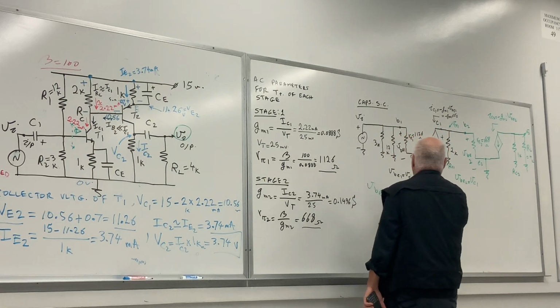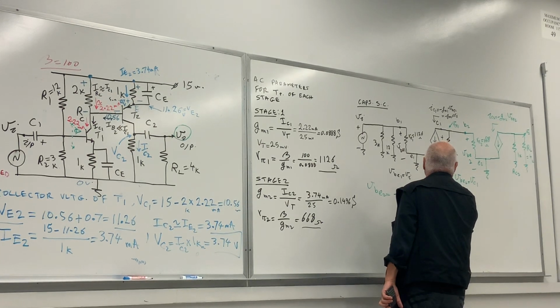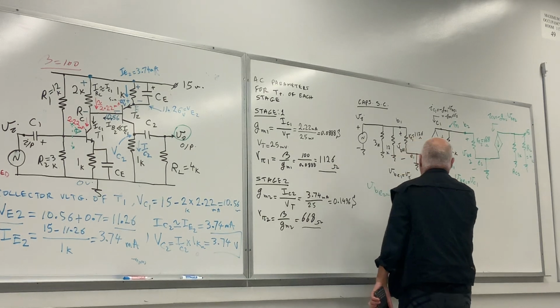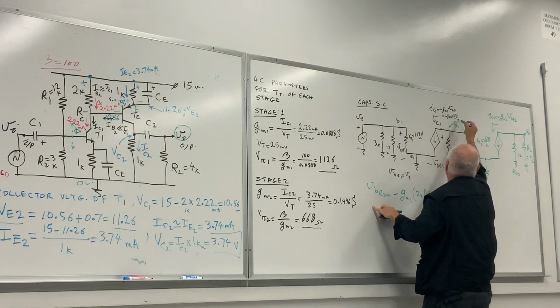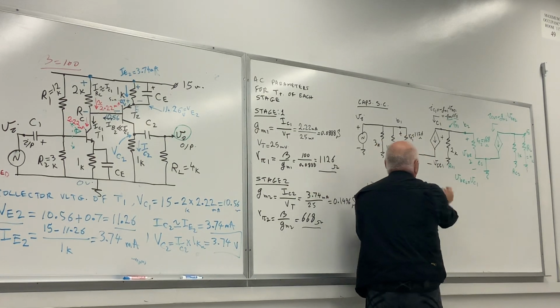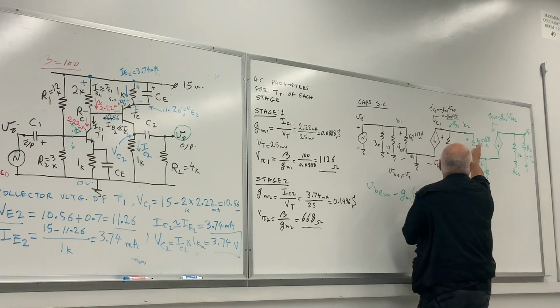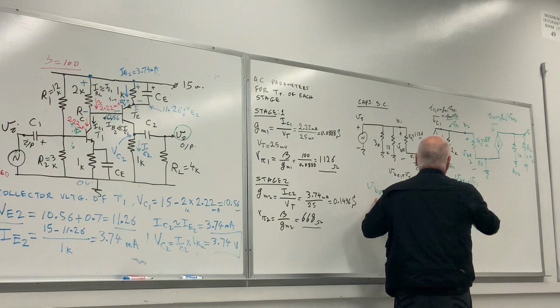So you get minus gm1 multiplied by 2K parallel with 668 ohm, multiplied by VI. This is the amount of the current which is pumping into the input of the second stage. All right, so we got the VBE of 2.